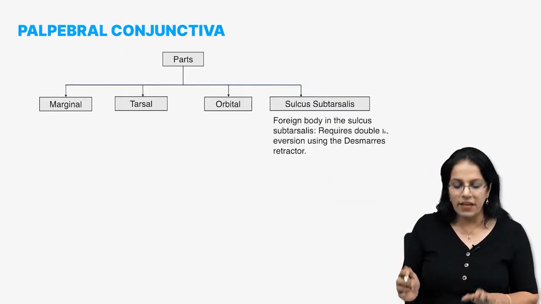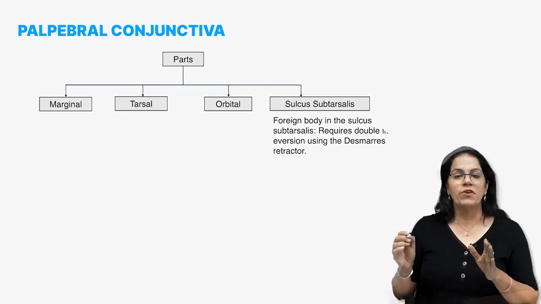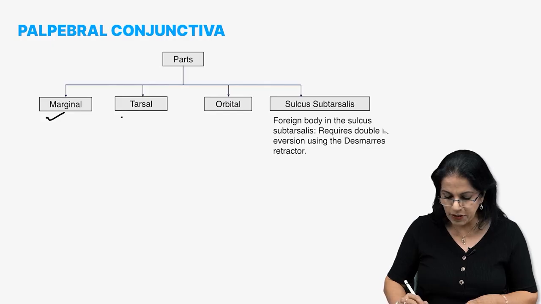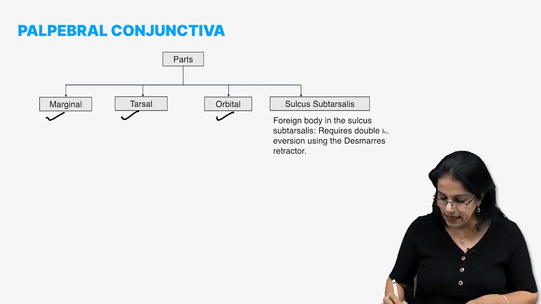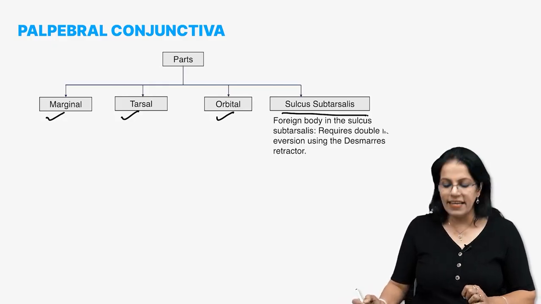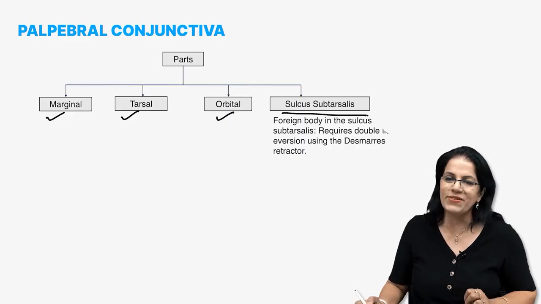So, here we are, a quick revision of whatever we have drawn. It's written here that palpebral has marginal, tarsal, orbital, and sulcus subtarsalis is the area which I just explained to you, right?